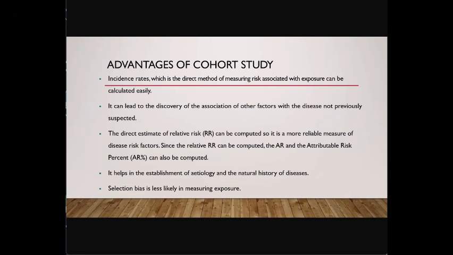Here, we can calculate new cases because we are following people up over time. And as they develop the disease, as we are following them up, we take note of them, we count them. So the advantage here is that we're able to observe when the diseases develop. Then we can also discover other factors which were not intended ab initio, because we are following people.